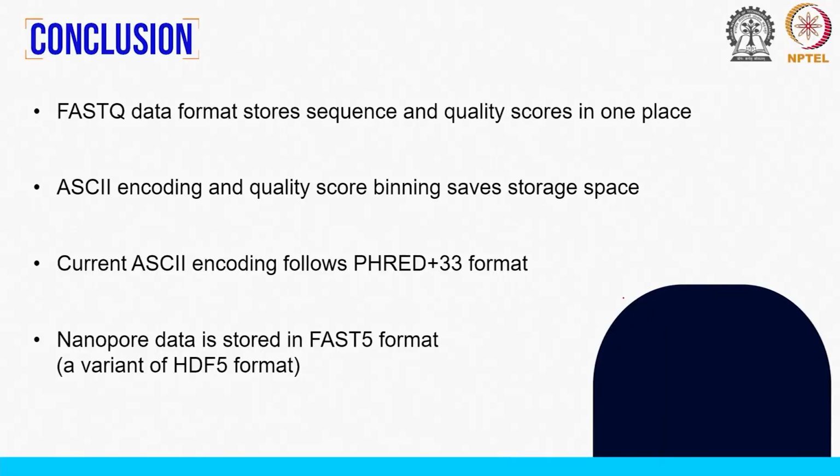And finally, we saw that nanopore data is stored in FAST5 format, which is a variant of the HDF5 format. Here you have the raw data, which is the current data, and this raw data can be useful in case you have applications where you want to look at the real time events that are happening.